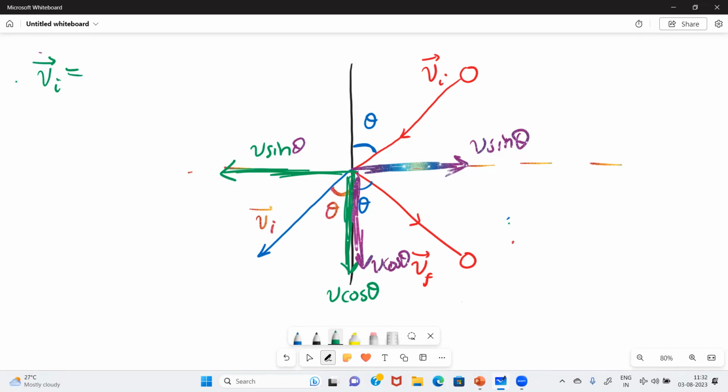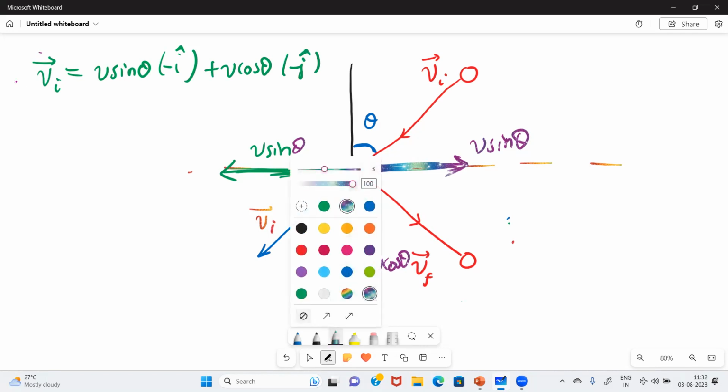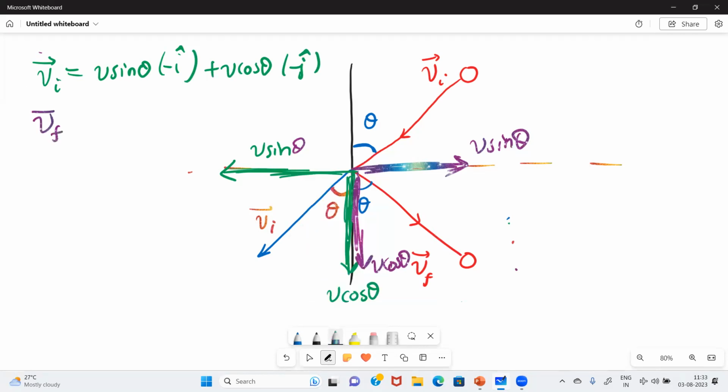Negative. Minus i cap or plus i cap? Minus i cap. Then what else? Very good. Tell me V final. V sin theta plus i cap plus V cos theta minus j cap. Perfect.